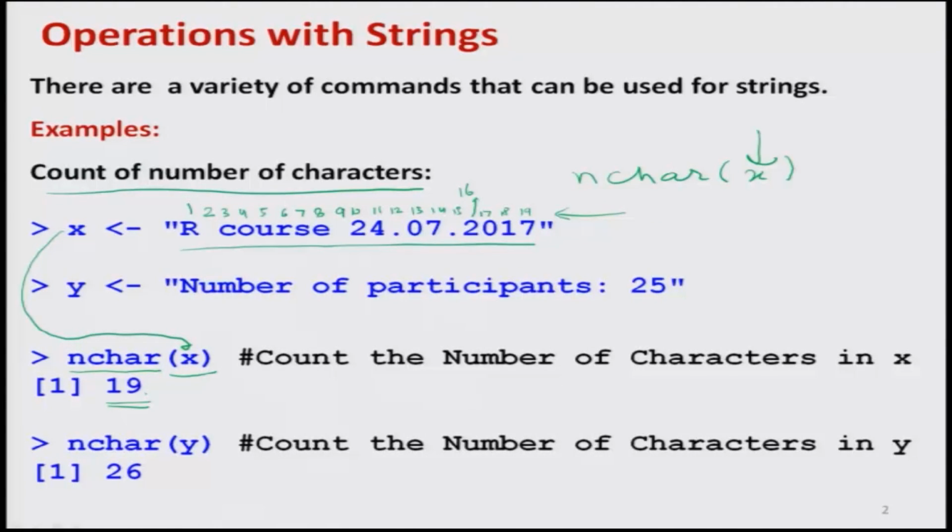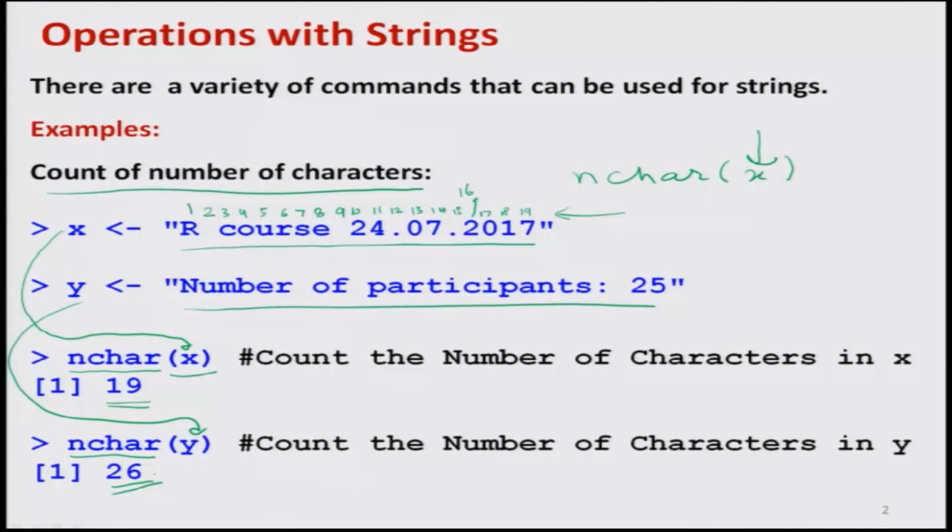Similarly, if I take another string, suppose I write "number of participants colon, blank space, 25". Instead of counting the characters one by one, I can use the command nchar of y, and it gives the answer 26.